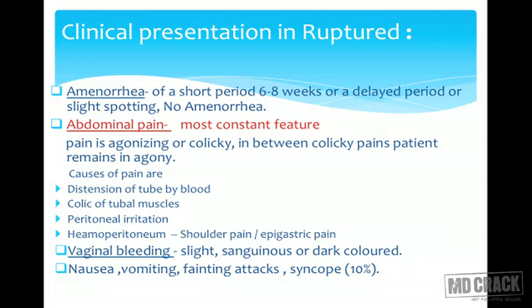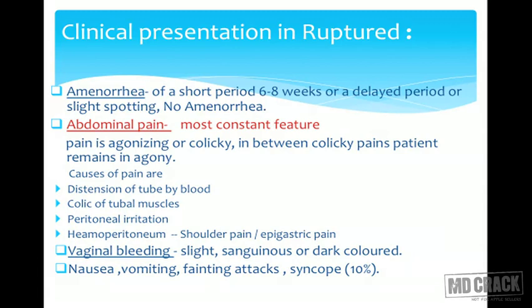Pain would be agonizing, colicky, and typically in between the colic the patient will remain in agony. She will not be relaxed. So: amenorrhea, abdominal pain, and vaginal bleeding. Now why is there pain? This pain is because wherever the ectopic is located, it is distending that site.